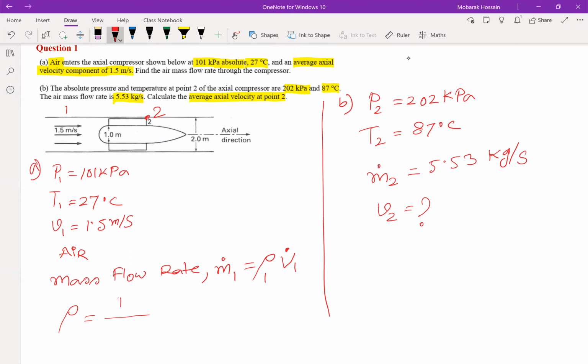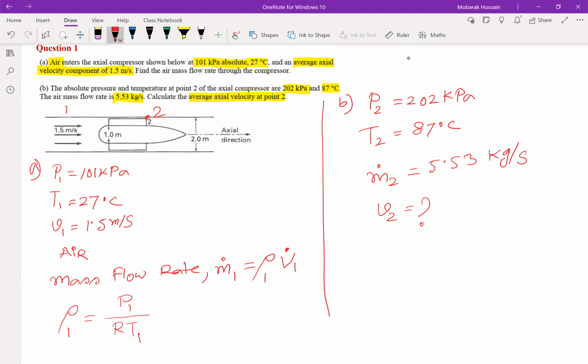so we can use the ideal gas formula to find the density. It will be equal to pressure divided by RT. For location 1, density equals location 1 pressure over R times location 1 temperature. R is the gas constant, which is independent of the surrounding temperature and pressure and is always constant for air.